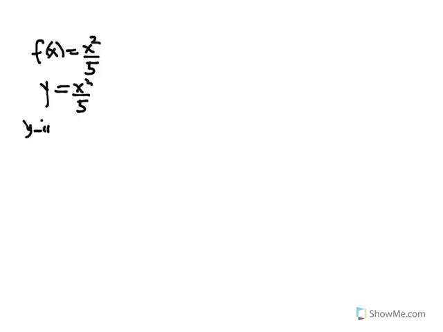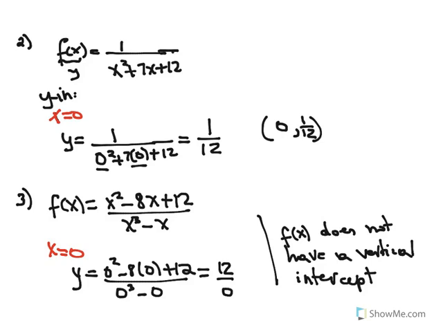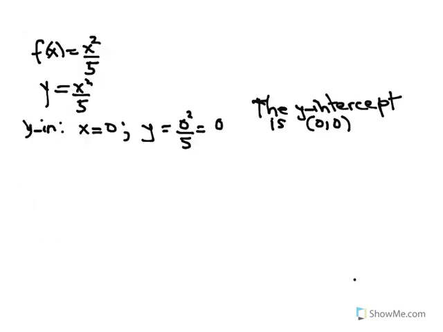To find the y-intercept, I'm going to make x equal 0, so y is going to be 0 squared divided by 5, which is 0, so the y-intercept, or the vertical intercept, either way you call it, is the point (0, 0). Okay, and this problem is problem number 4.